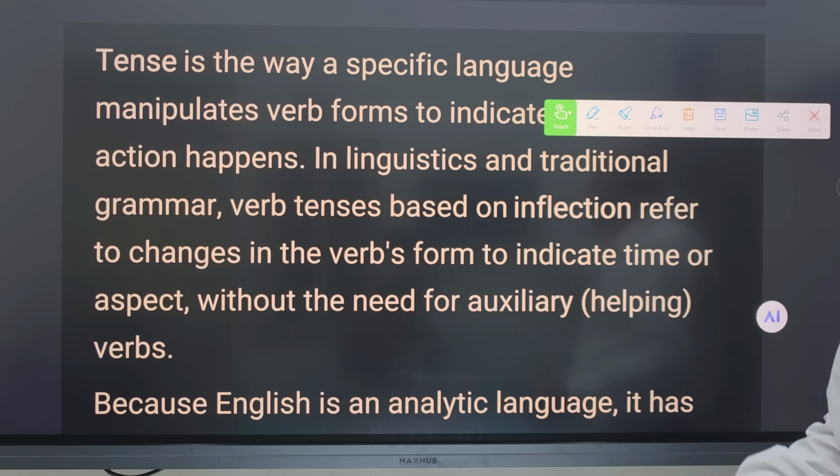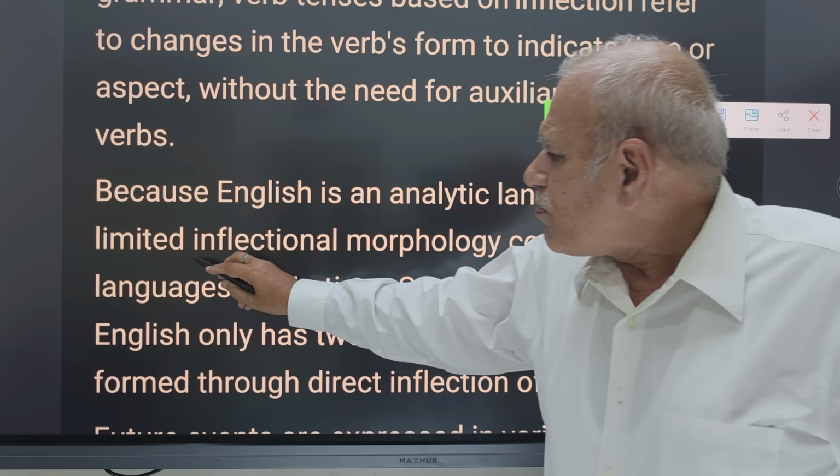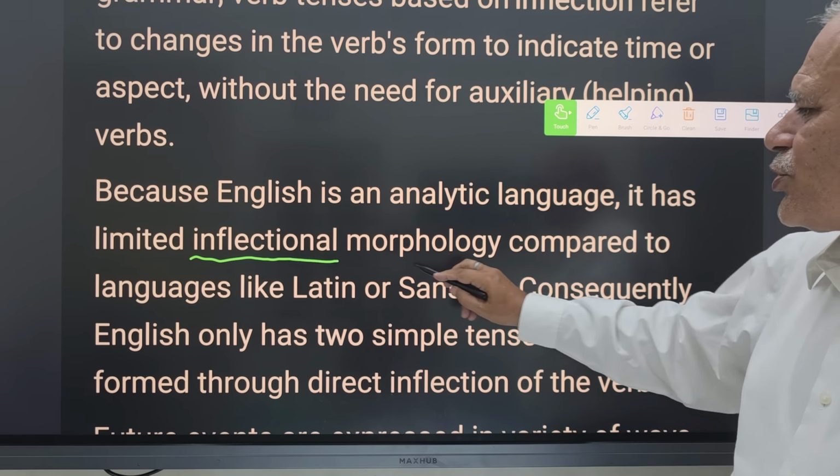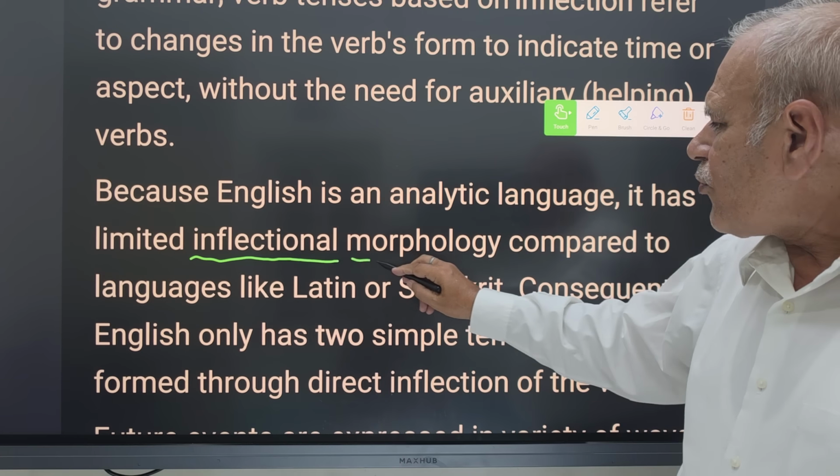So what I want to convey is that we need not use any auxiliary verb, that is will, shall, etc. Because English is an analytic language, it has limited, please note this word, inflectional morphology. Morphology, the study of words, compared to languages like Latin or Sanskrit.